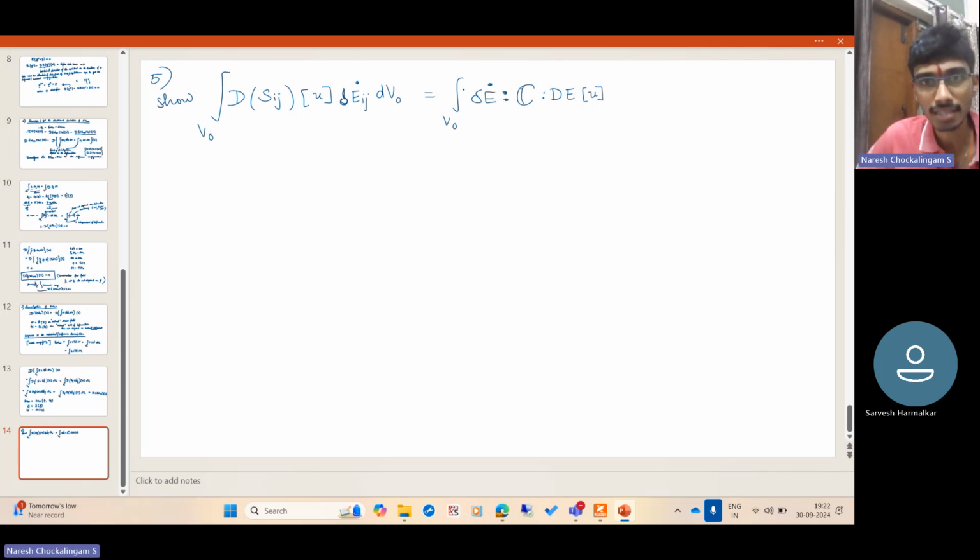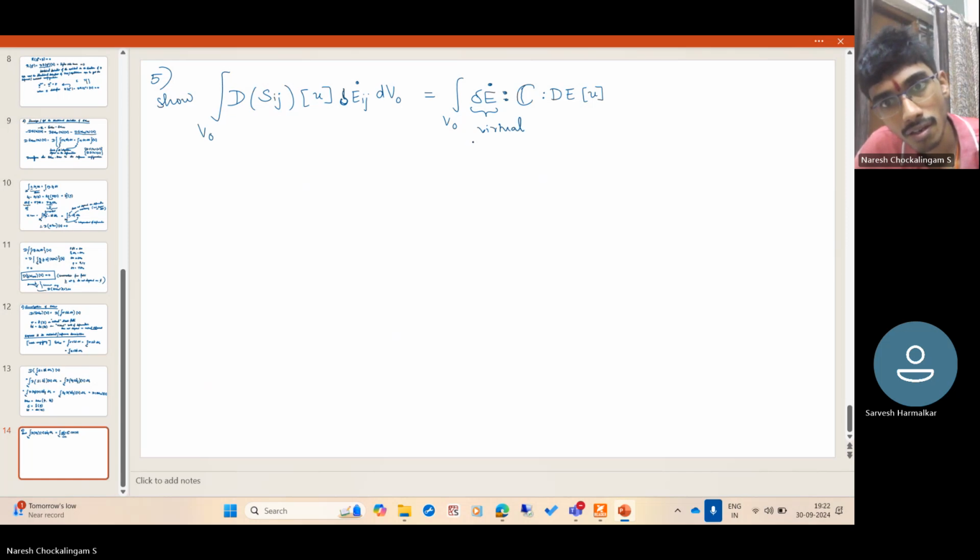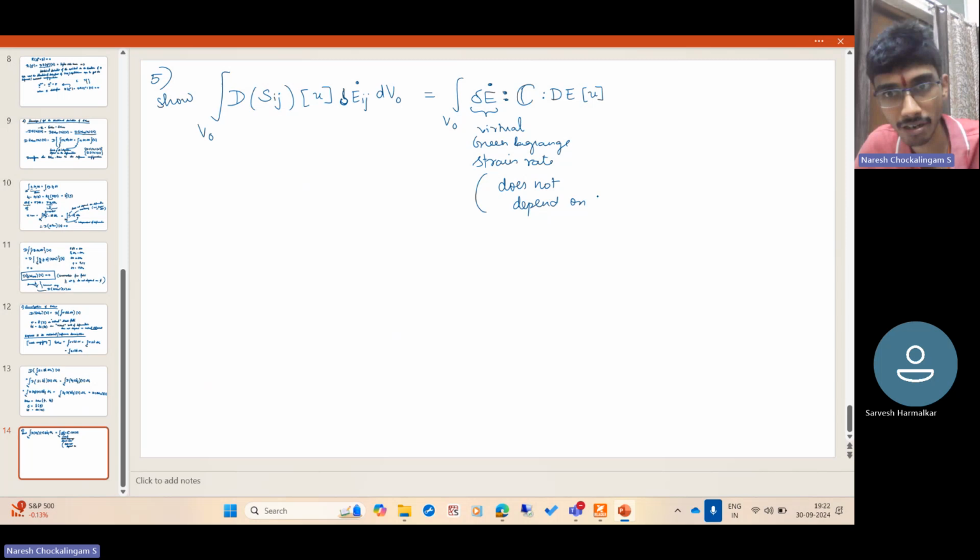So be careful. This del E dot is a virtual Green-Lagrange strain rate, and this does not depend on the actual deformation phi. There's a dv naught, of course.